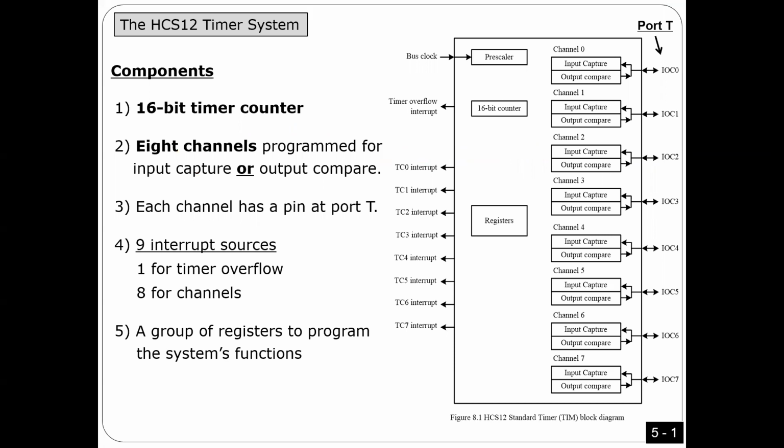First, what is the timer system and what functionality can it do? Look here, guys. In the timer system, as you see here, we have 8 channels. Every channel has an external pin on port T: PT0, PT1, PT2, and so on.